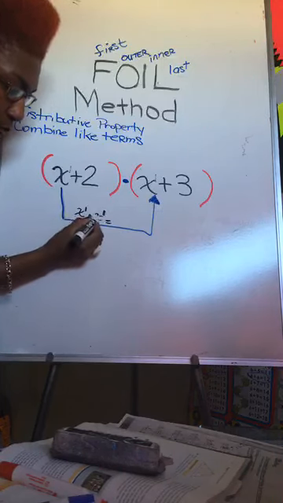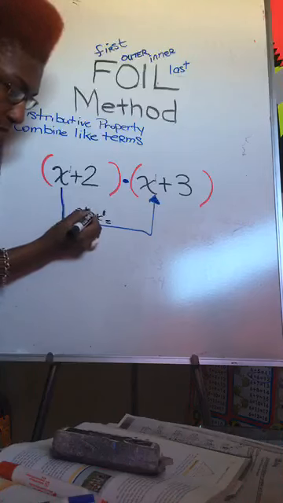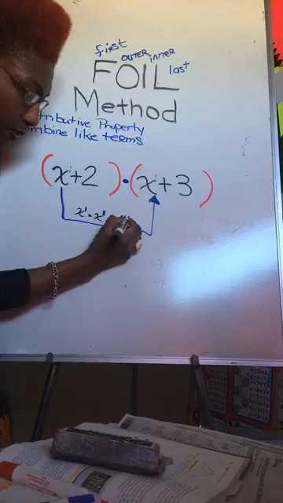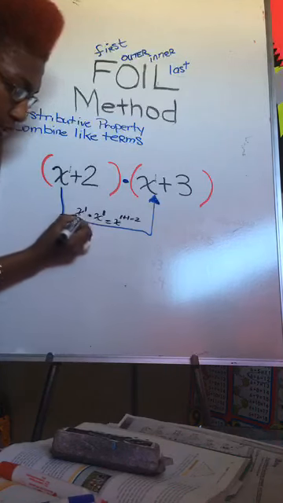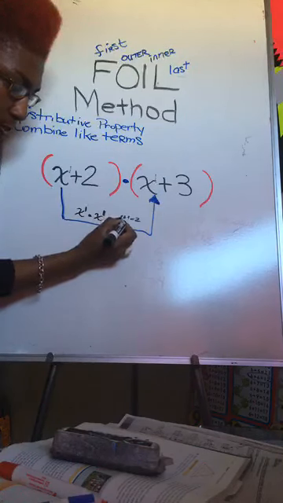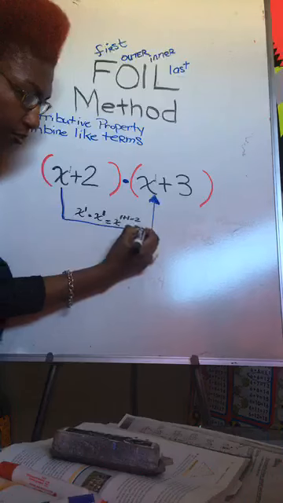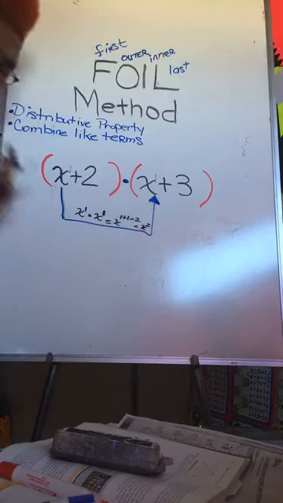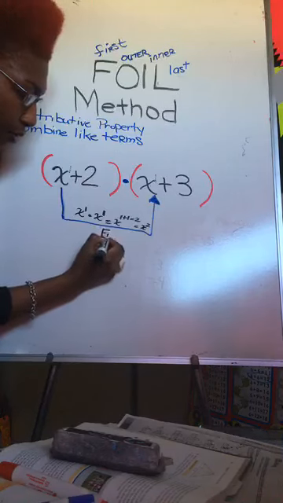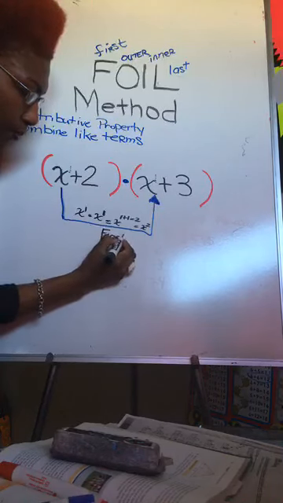When you're multiplying variables, you add the powers. So x to the first power times x to the first power: 1 plus 1 equals 2, which gives me x squared. This is for our first of the FOIL.